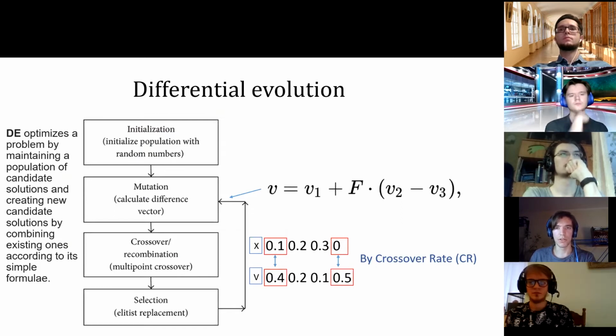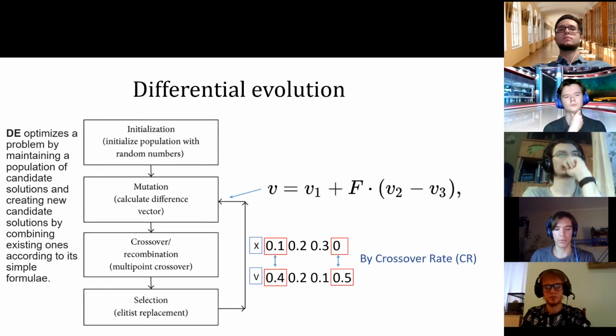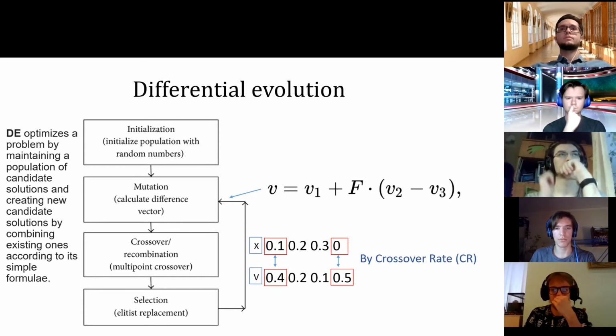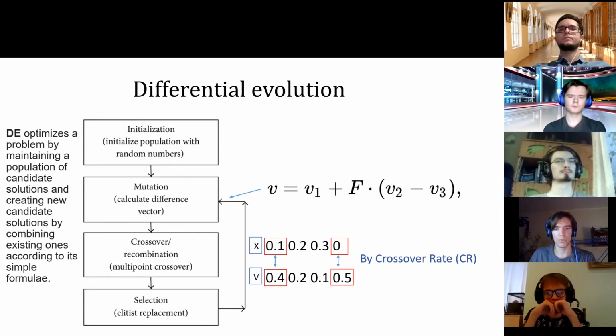Then each mutant has a crossover with some candidate from the set by the crossover rate, and then you have the selection. In our case, it is a simple sort. So this algorithm has only two parameters and is very simple. The parameters are F in the formula and the crossover rate from the crossover.